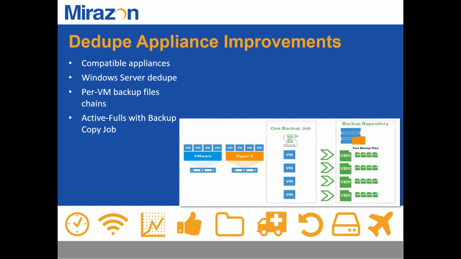This is extremely beneficial, and a lot of you Server 2012 dedupe admins will definitely want to enable this for your repository. You can enable breaking them out into individual backup file chains based on the VM. Again, multiple streams go into multiple VBKs, for much better I/O and much better performance. It also allows Server 2012 or any other dedupe appliance to effectively work on those files at a much smaller file block size, because we're no longer dealing with maybe a 2 terabyte backup file.